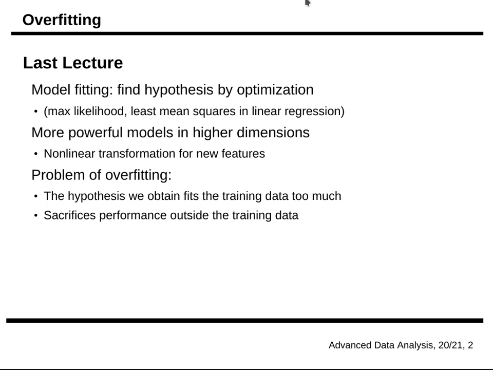And we saw that with more powerful models, that is with polynomials of higher degree in this example, we could adjust too much to the data, and so the hypothesis that we obtained, the actual curve with all the coefficients instantiated, fit the training data so well that it lost the ability to predict correctly the examples outside the training data.